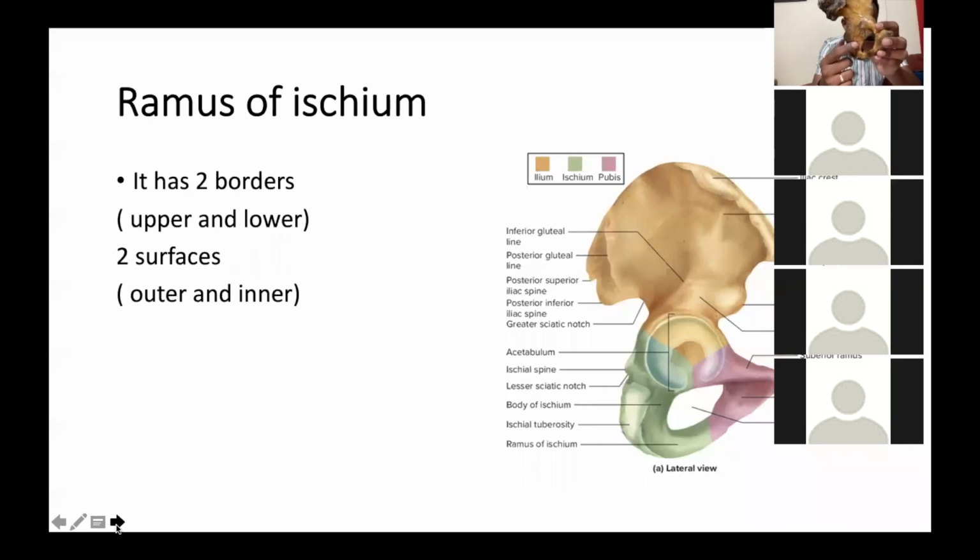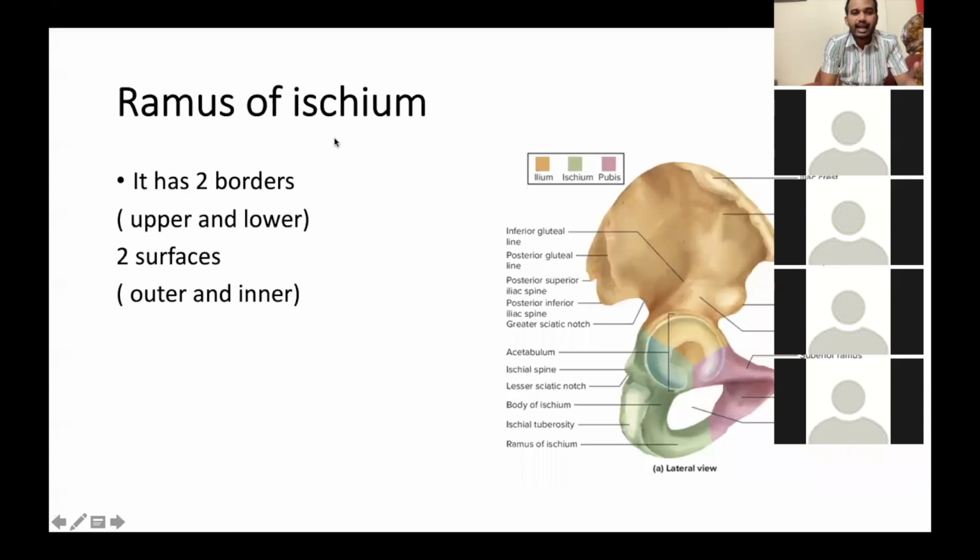The pelvic surface gives origin to the obturator internus muscle. So we have three surfaces: the femoral surface, the dorsal surface, and the pelvic surface. The pelvic surface continues with the pelvic surface of the ilium, and it gives origin for the obturator internus muscle. This is all about the body of the ischium.